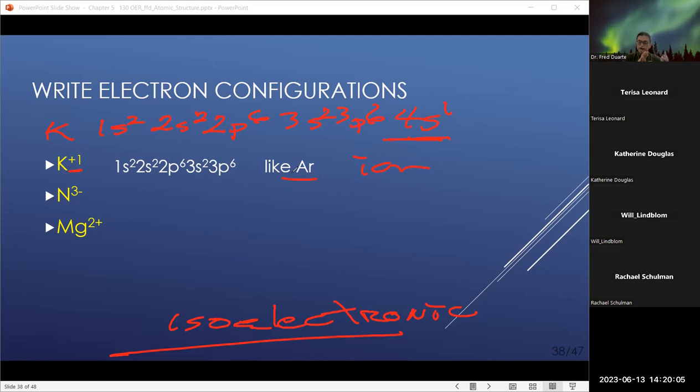So nitrogen will gain 3 electrons, okay? And in doing so, now becomes isoelectronic with neon. That is the electron configuration of nitrogen, 1s2, 2s2, 2p6.